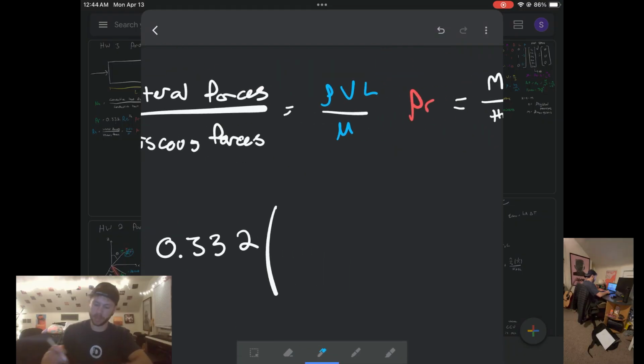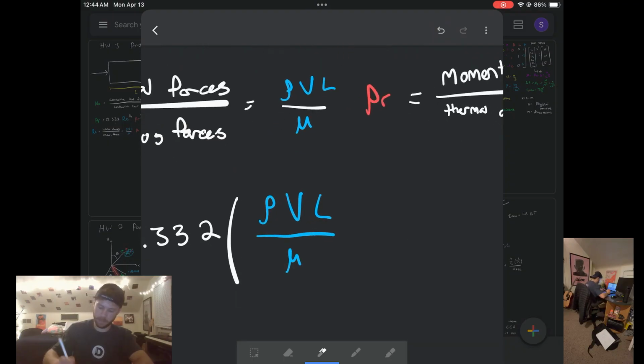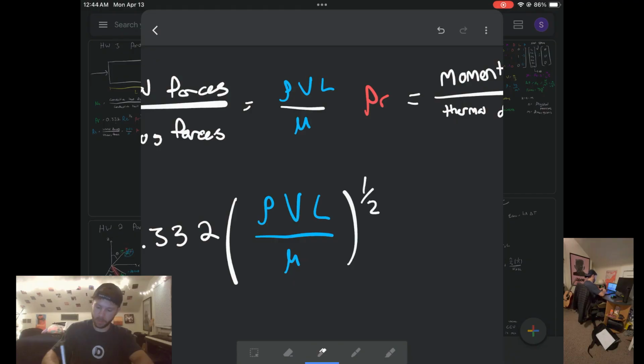So that'll be our density times our velocity times our length divided by mu, raised to the 1/2 power.